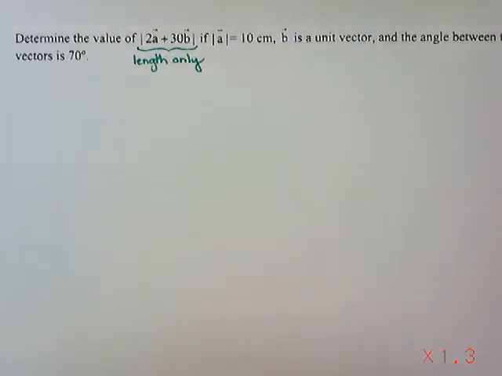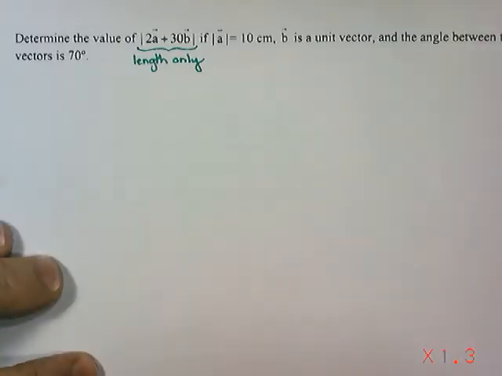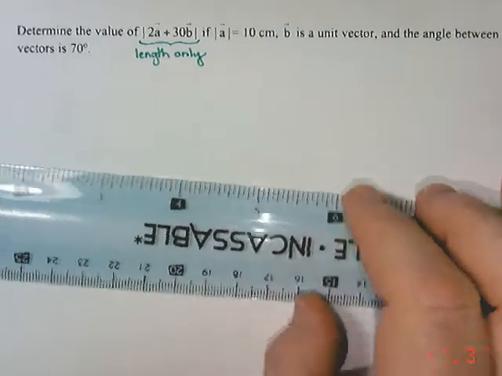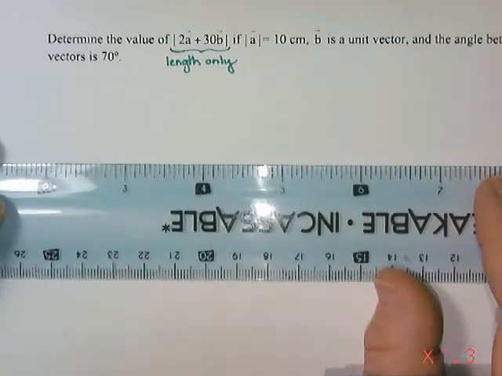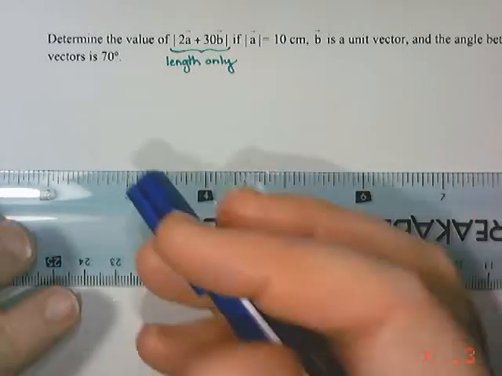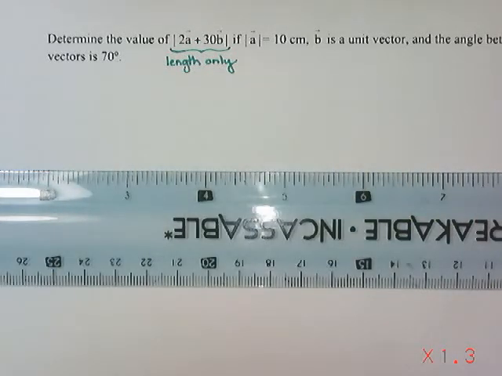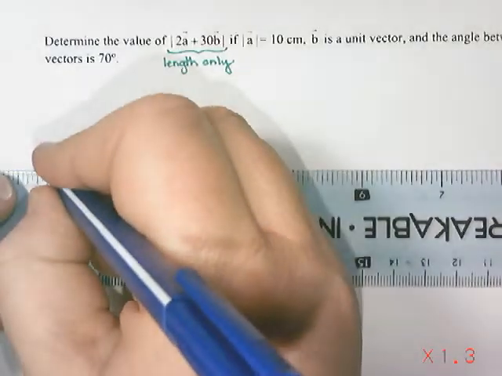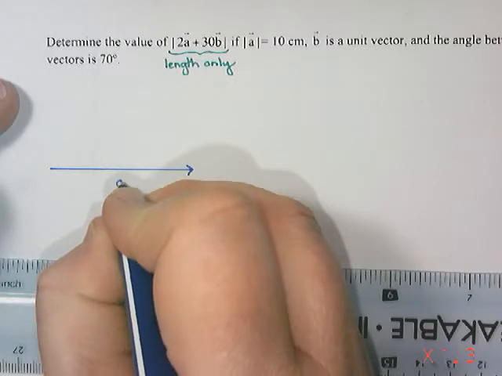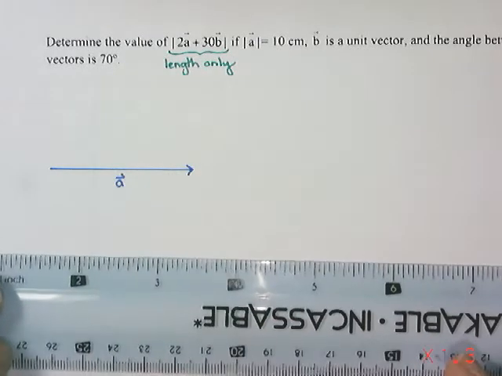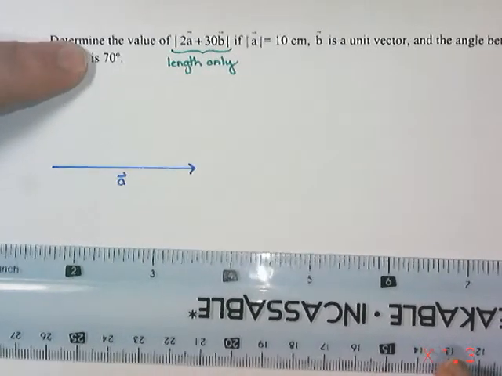Okay, so I have vector A, vector B, and the angle between the two of them is 70 degrees. I am not going to draw a scale diagram. I am just drawing a rough picture to get me started so I have some idea what this looks like. All right, vector A is 10 centimeters. And then the angle between the two is 70 degrees.